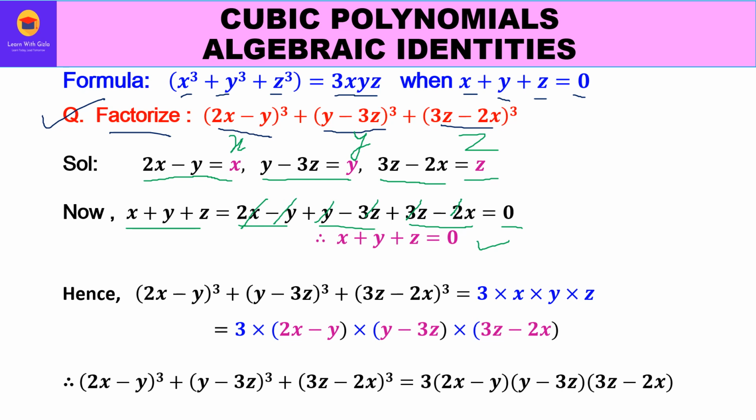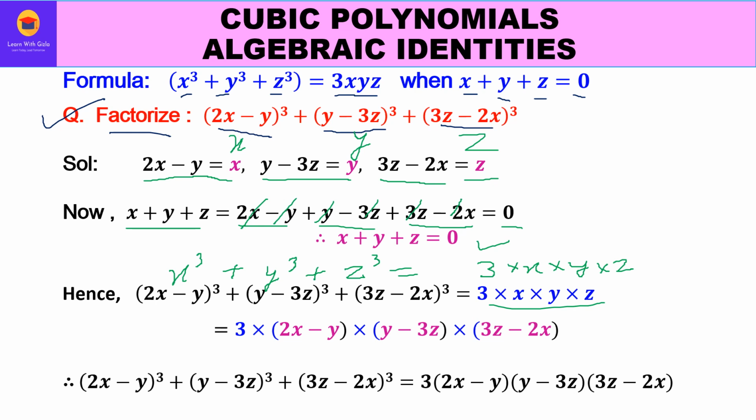So our condition is fulfilled that x plus y plus z is equal to 0. When it is 0, then the formula says that x cube plus y cube plus z cube is equal to 3 into x into y into z.